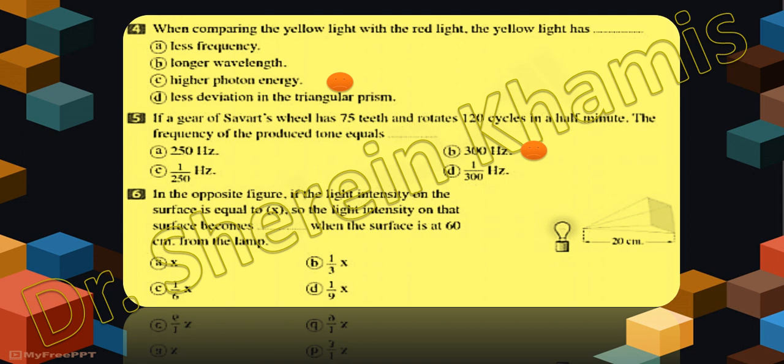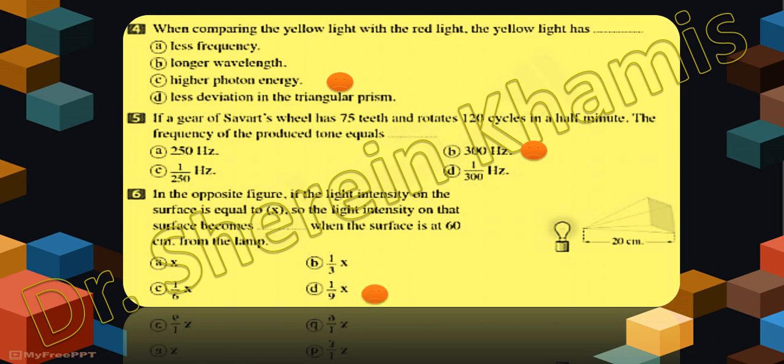As we said, the intensity is inversely proportional to the square of the distance between the source of light and the surface. So the distance will increase and the light intensity will decrease. So the light intensity will decrease to 1 over 9x.